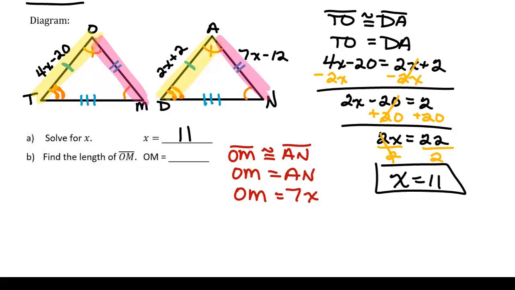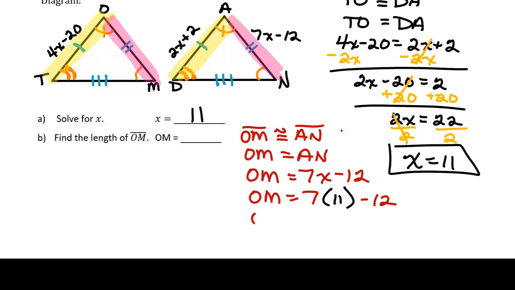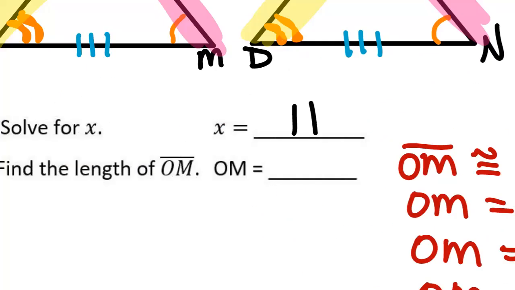So OM is 7x minus 12. So I do 7 times 11 minus 12. What is 7 times 11? 77 minus 12? 65. So OM is 65.